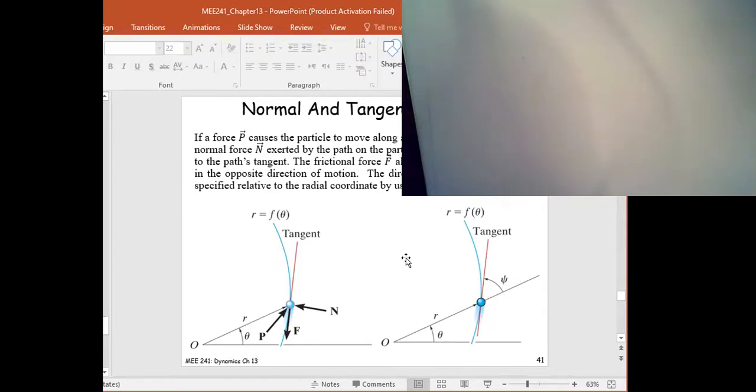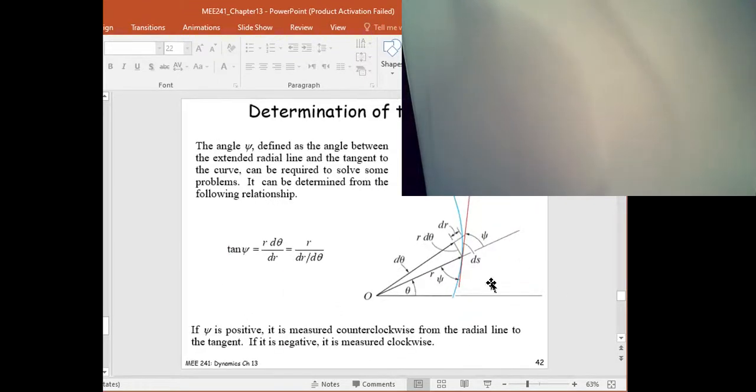So I need a reference between the radial line and the tangent, or the perpendicular to the tangent, where the forces usually live if you have a collar type application. This is a derivation of this. If you move a bit, you have r d theta on this end, and this will increase by dr. So tangent phi is nothing but opposite over adjacent. Tangent phi is opposite, in this case r d theta, and adjacent is dr. So this is really what it is.